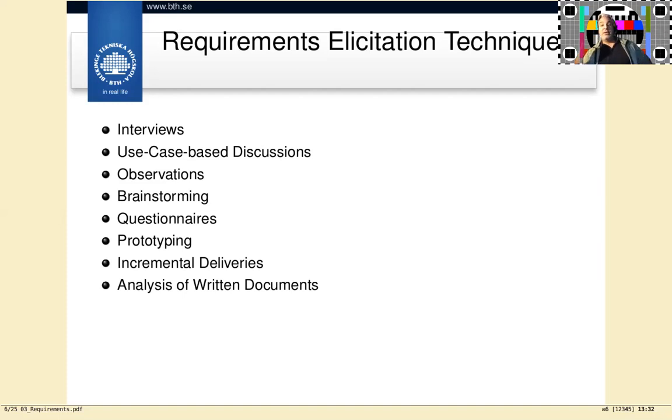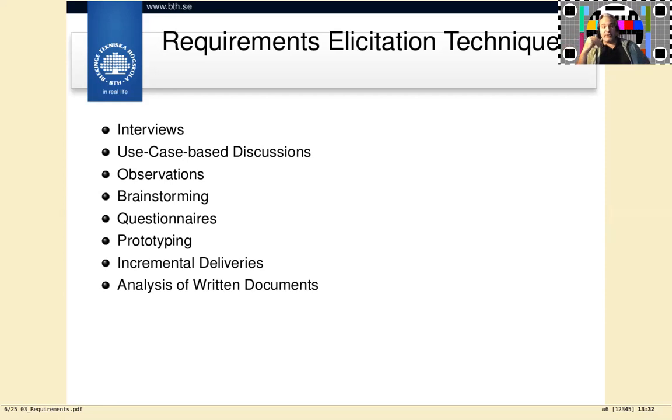That's the most obvious way of doing requirements engineering, is that we have a couple of users and we do some form of structured or semi-structured or unstructured interview with them. We can use cases, connecting back to UML. So we can, together with our customers, develop use cases, or we can have use cases and hold discussions around them in order to enrich them with more special cases, for example.